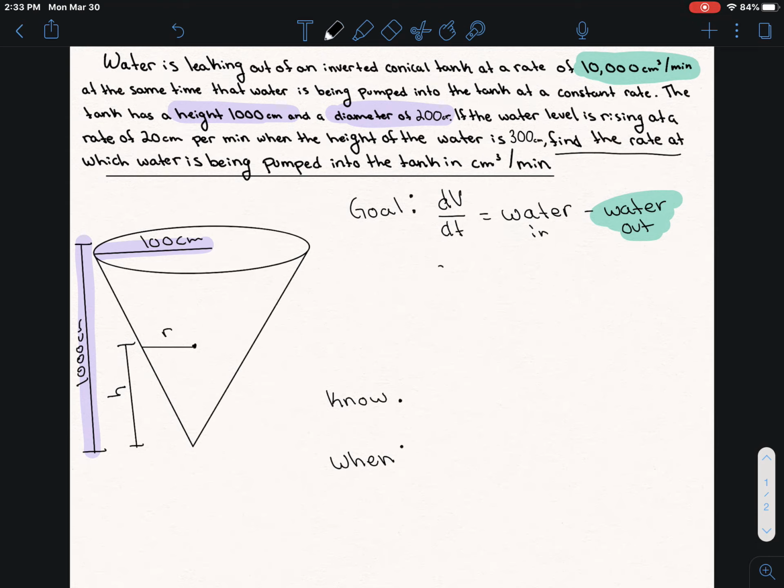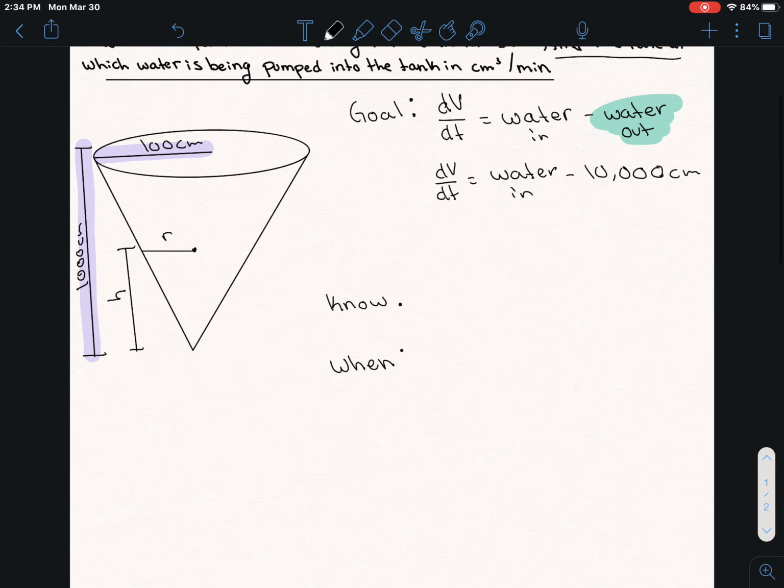So we can immediately just put that right in. Water in minus 10,000 centimeters cubed. Okay, so this is what we're solving for. We're going to solve for dV over dt and then subtract it, or I guess add because we're solving for water in.